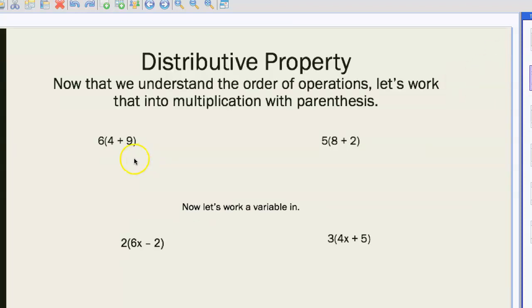So now thinking about P for PEMDAS, parentheses comes first, we would work what is inside our parentheses first. And 4 plus 9, that's going to be 13. And then now we have a 6 outside of our parentheses.